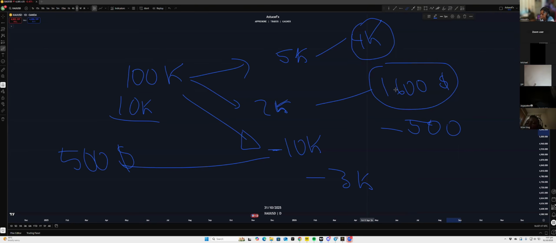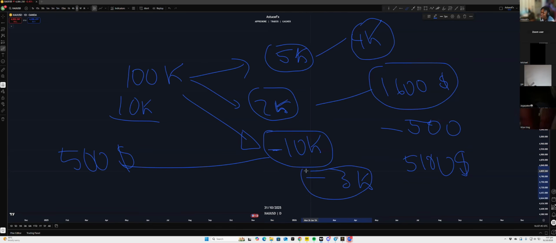So you do 4K plus 1,600, this is like 5,600. 5,600 minus 500, then you have like $5,100. So despite losing 10K here, you still made a profit of $5,100. But if you traded your own live account, let's say you really have 100K you are trading, you made 5K on week one, you made 2K on week two, you lost 10K on week three, you are going to end up with a PNL of minus $3,000 on your live account.